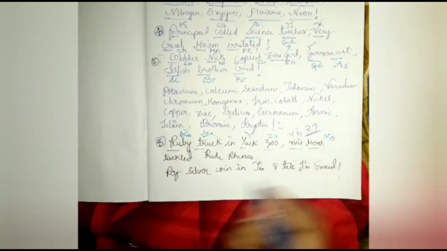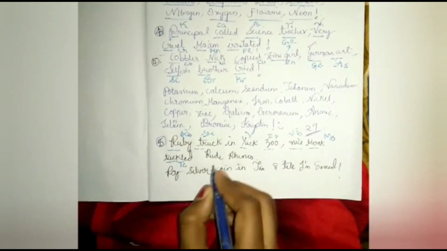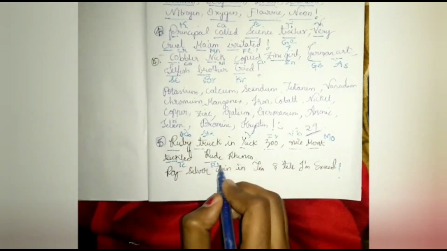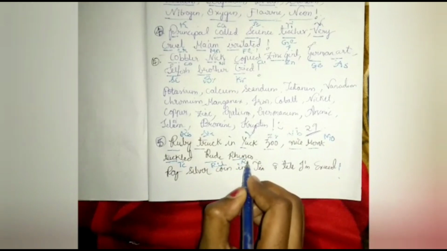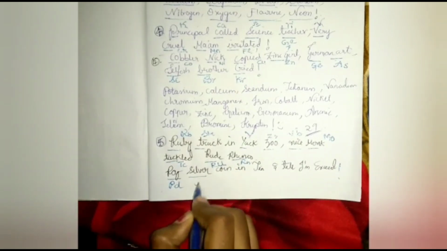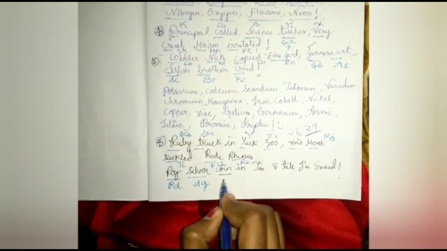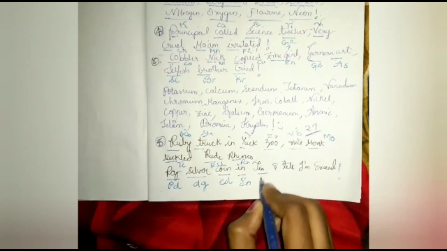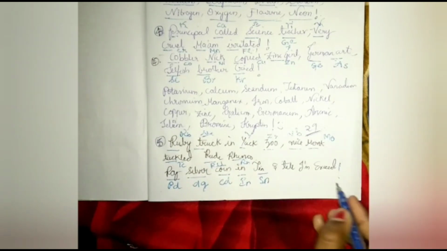And when we remember the pictures, we get the memory tip in our mind. Pay, Pd, silver, Ag, coin, Cd, in, In, tin, Sn, Sb, Te, I, Xe. Now I am writing the full form of the symbols of the elements.